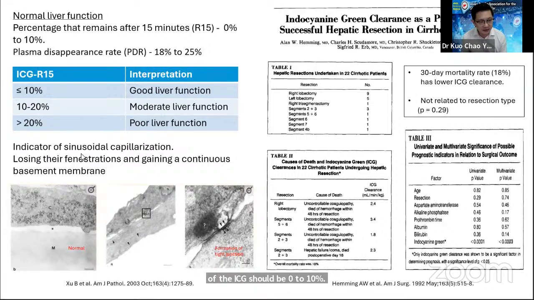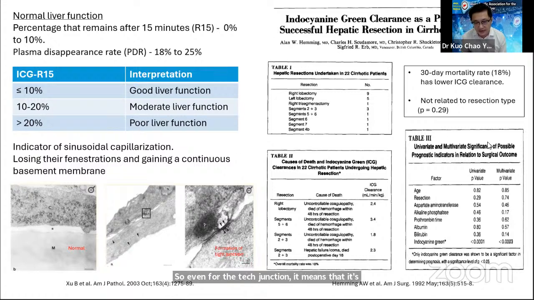It is an indicator of sinusoidal capillarization. Under the electron microscope you can see a space between the sinusoids. If the liver is getting harder, there is a formation of tight junctions, which means poor liver function.